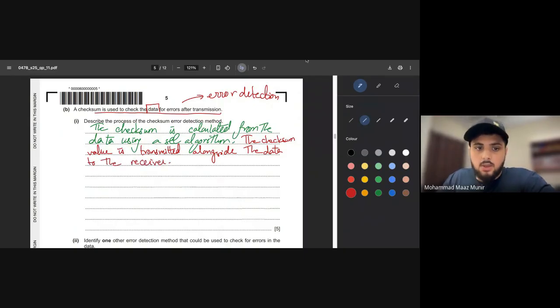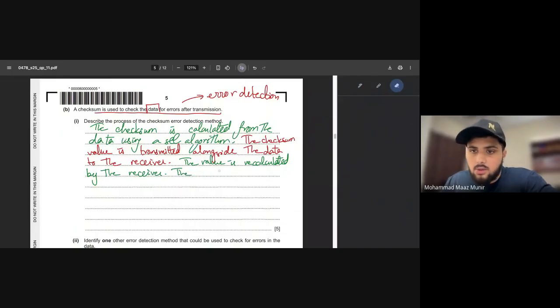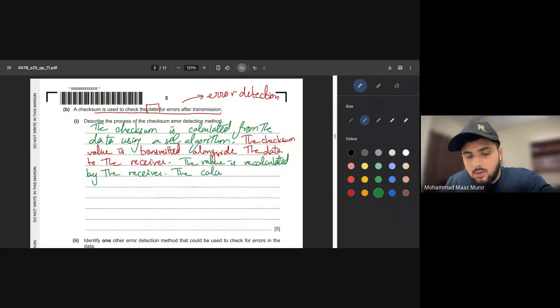Once it reaches the receiver's end, the value is recalculated by the receiver. The calculated value is then compared with the initial checksum value.